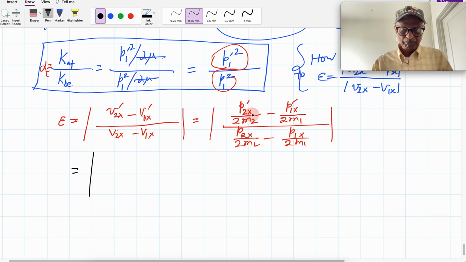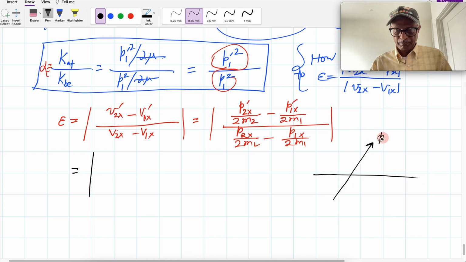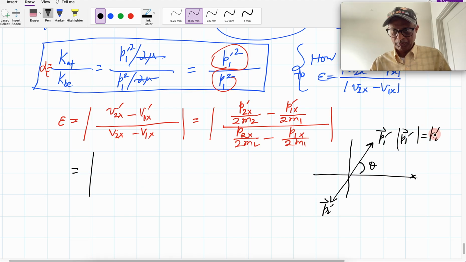Let's see. So p1 prime is that way, and p2 prime is that way, and this is the theta, and this is the x. And the magnitude of p1 prime is equal to p2 prime, equal to p, just writing it like that instead of all those extra symbols.